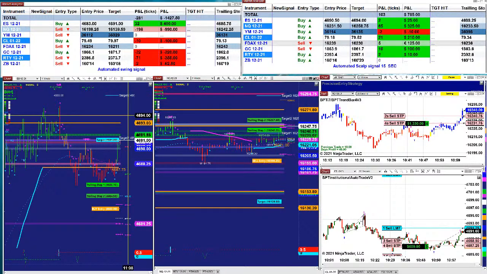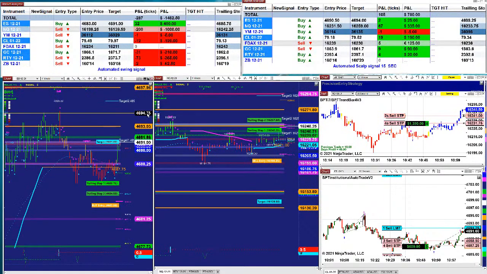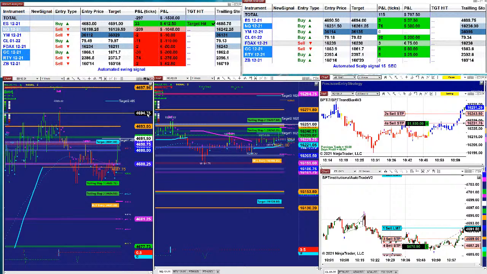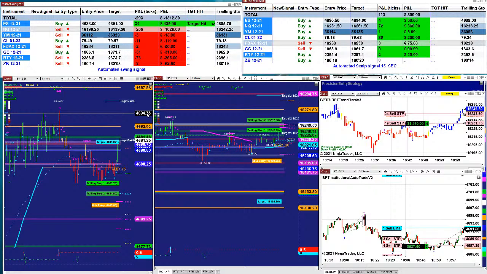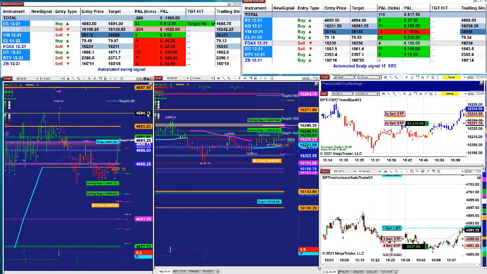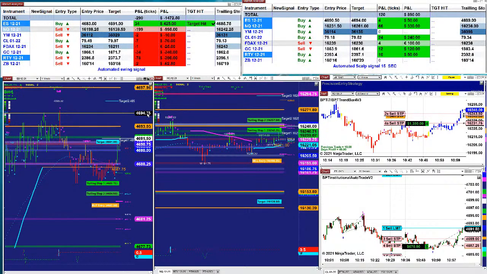I don't know if there is a breakout anymore. I don't see it. It's really tough.